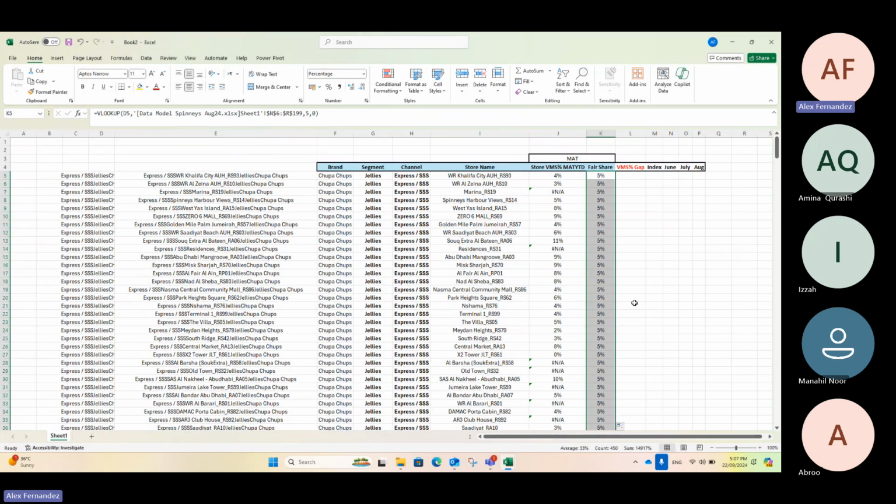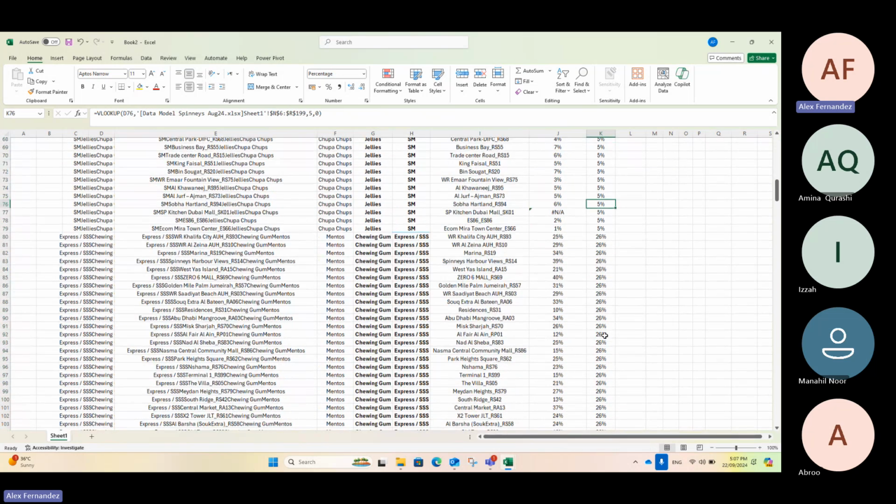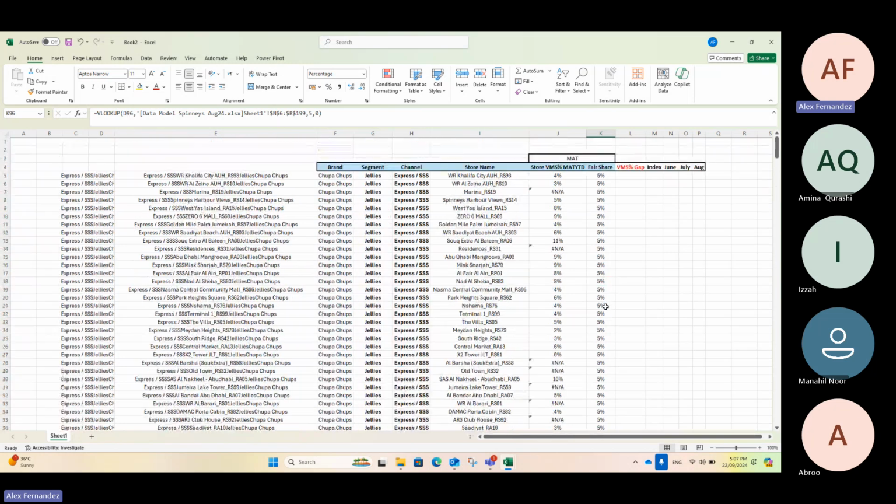All right. So this is in jellies, the fair share should be constant, which is 5%. In chewies, it should be in chewing gum 26%. How do we calculate the gap? Current minus fair share. So here it's -1.